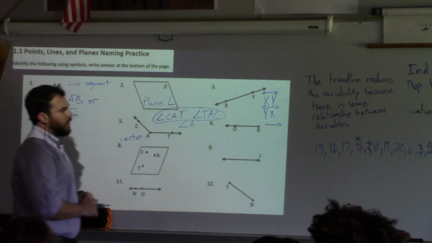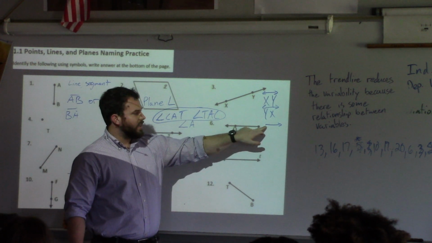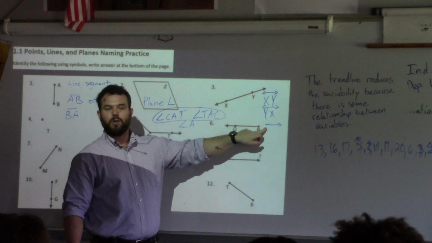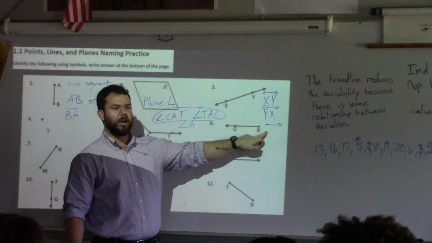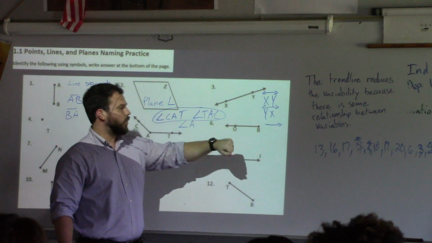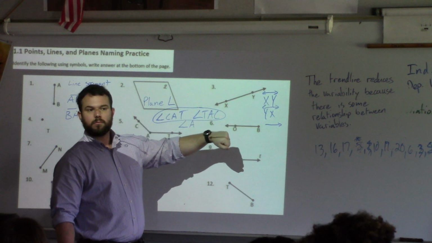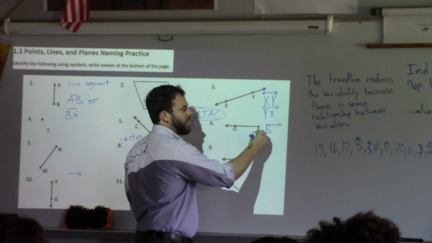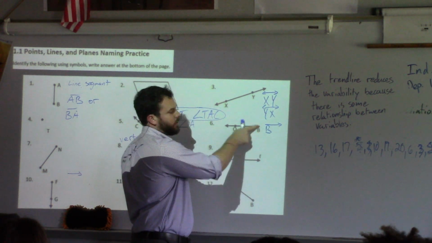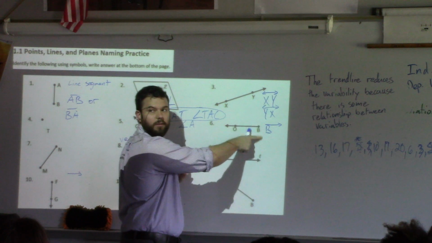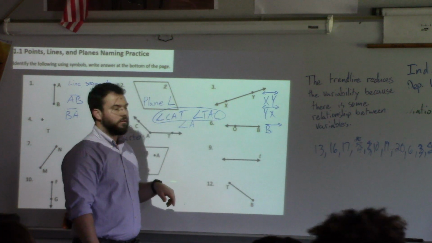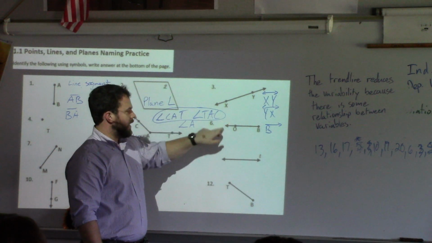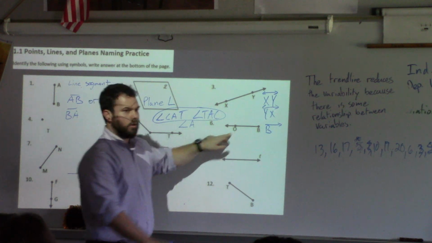This is important though, because it's important to recognize that this is the endpoint. So what's going to go on the left-hand side when writing the symbol for it? Which point though? The endpoint, B. Notice how the B goes with the endpoint? So it's going to be OB or BO? BO.